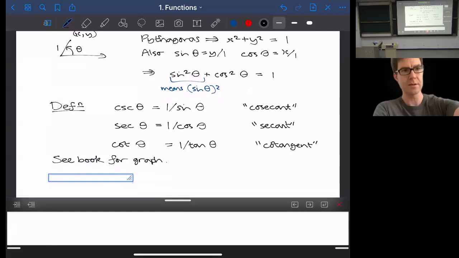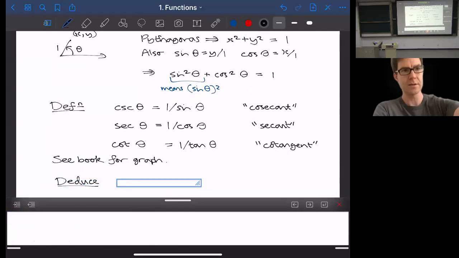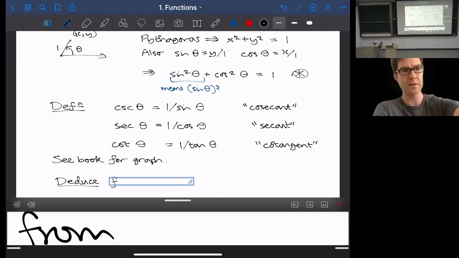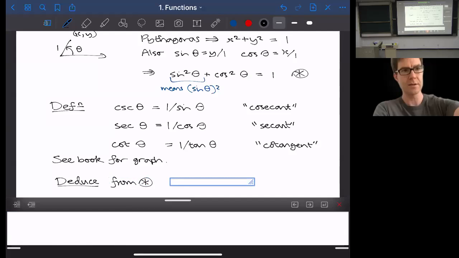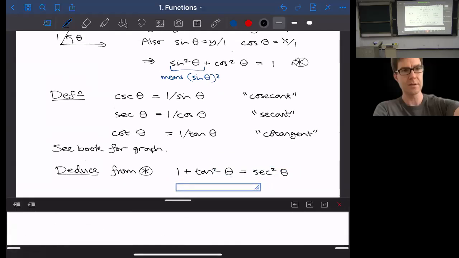And we can deduce, if I divide by cos squared in this, that 1 plus tan squared is sec squared theta.